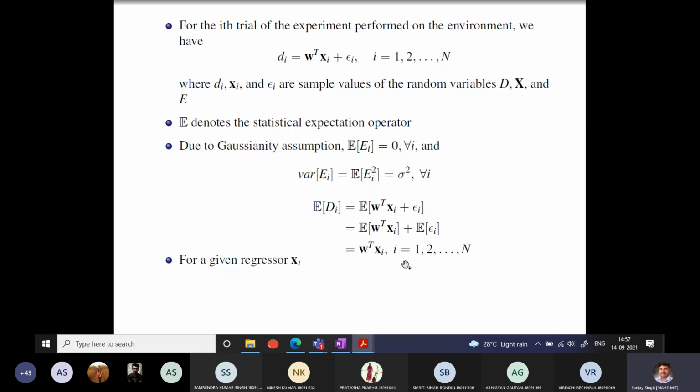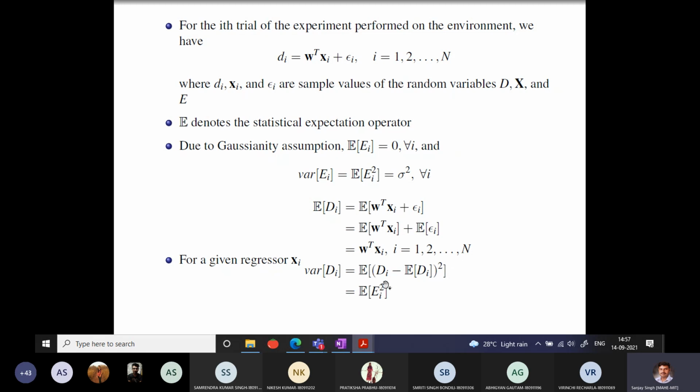Okay. Now, if that is the case, we want to find the variance of d as well. As per the definition, we have seen in the previous few slides, in the review slides, the variance is f(x) minus E of f(x), the whole square. So here instead of f(x), we have d_i. So d_i minus E of d_i, whole square. E of d_i is nothing but w^T x_i, and d_i is w^T x_i plus epsilon_i. So w^T x_i plus epsilon_i minus w^T x_i, this will go, only epsilon_i is left.